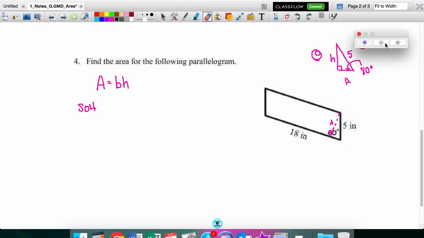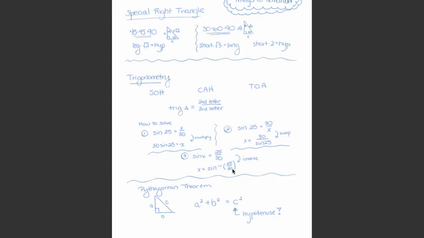Once we've identified that we need to use SO, our reference sheet tells us how to set up the equation. We're going to put our trig function of the angle equals the second letter over the third.